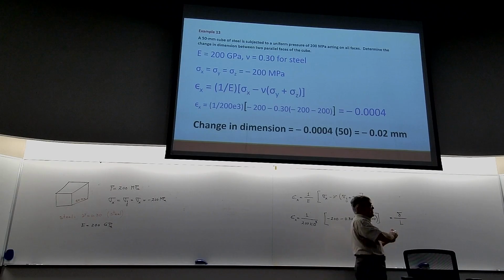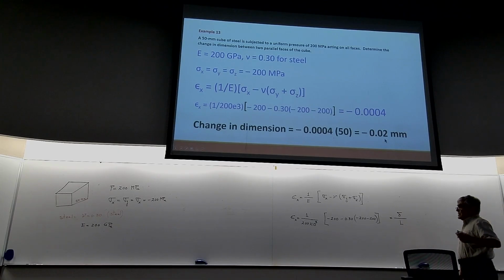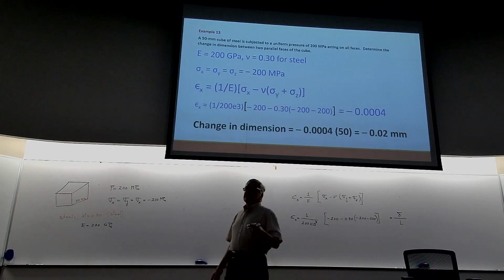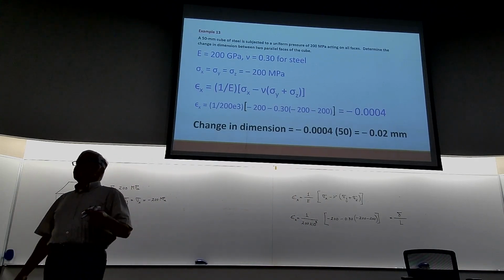That's what I've done over here. And this is epsilon, which is a very small negative number. If you multiply it by the initial length of 50 millimeters, you get the change in 1 dimension of the cube in millimeters, and the answer is 0.02.